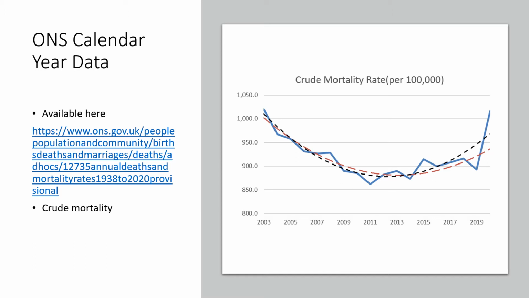Here we have two lines, a black line and a red line, and if we say each of those demonstrate the trend in mortality, we can see that each line seems to go through the data quite well. The red line has a small downward fluctuation in 2019 and then a big fluctuation upwards in 2020, affected by COVID-19.